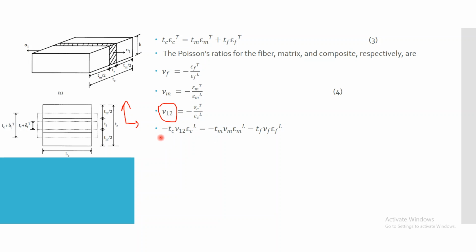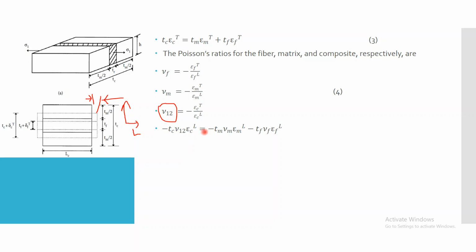So here, one thing you need to note down is that L represents the strain in the longitudinal direction, that is in this direction. So here you should observe that the deflection in the longitudinal direction, or the strain in the longitudinal direction, is same for composite, fiber as well as matrix.